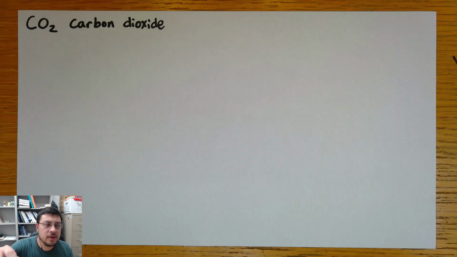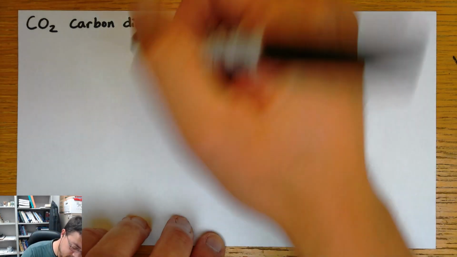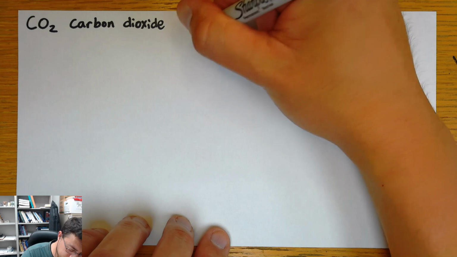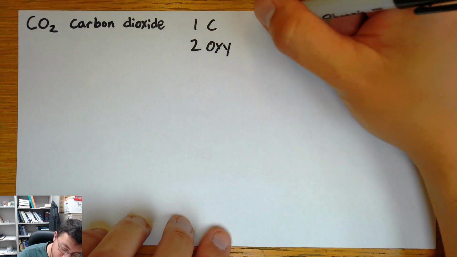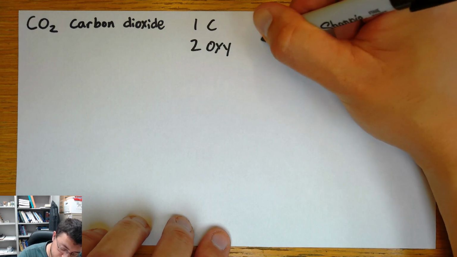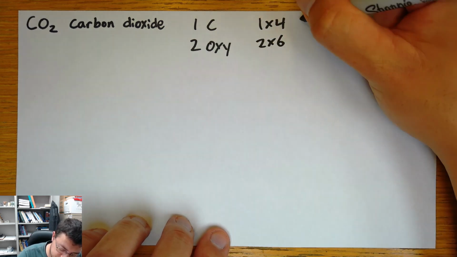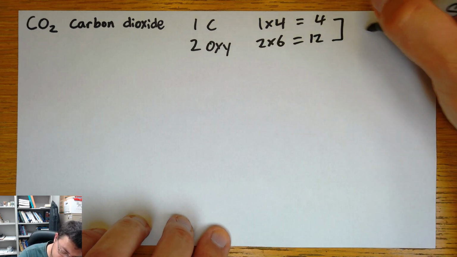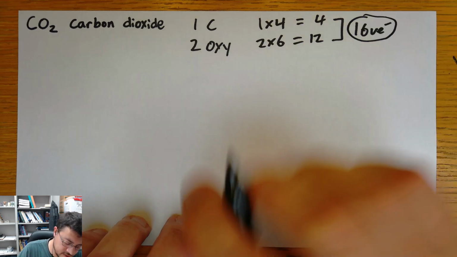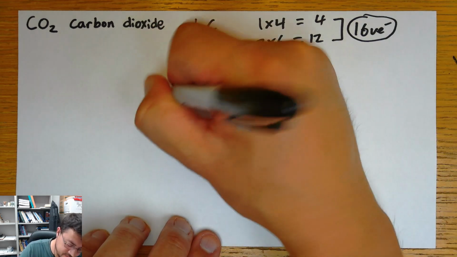Let's move on to carbon dioxide. All right, carbon dioxide. 1 carbon, 2 oxygens, and well, that's it. 1 times 4, 2 times 6, 4, 12, a total of 16. Carbon, middle.